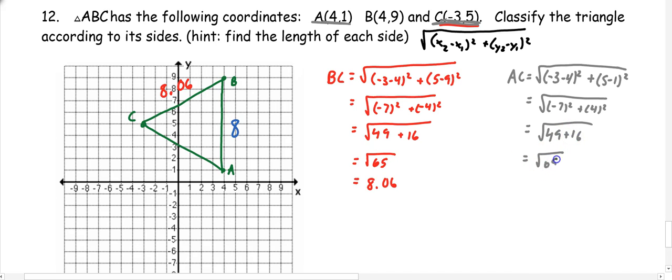So AC is also the square root of 65, which is 8.06. If I get the same measure for two sides, remember when we have two congruent sides, so in this case BC and AC, this must be an isosceles triangle. So based on the sides having two of the same measures, this is an isosceles triangle.